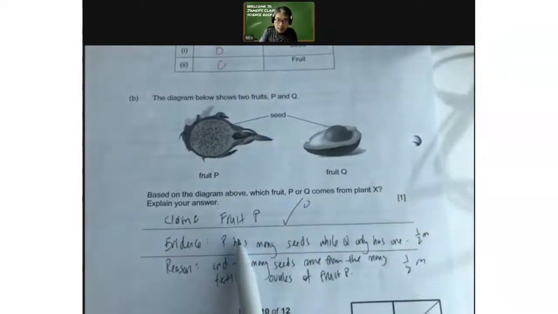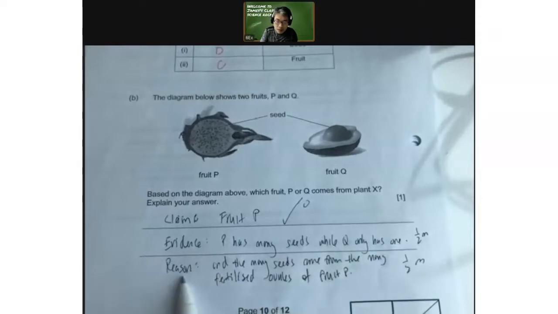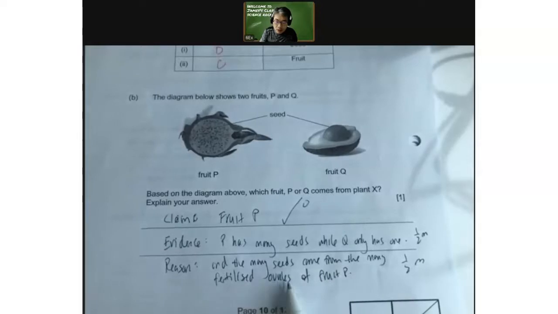Fruit P is the claim. The evidence comes from what you observe from the pictures: P has many seeds while Q only has one. And the reason is the many seeds came from the many fertilized ovules of fruit P.